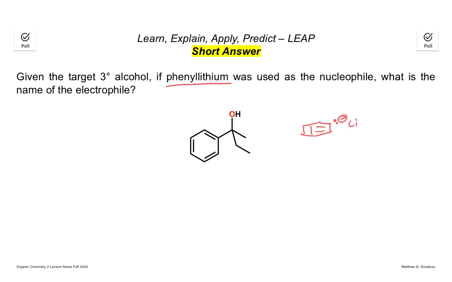So we would then need those 4 carbons as the electrophile, and that 4-carbon ketone is called butanone. Overall, you can make any alcohol 3 different ways, basically.